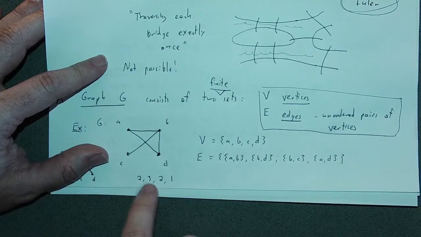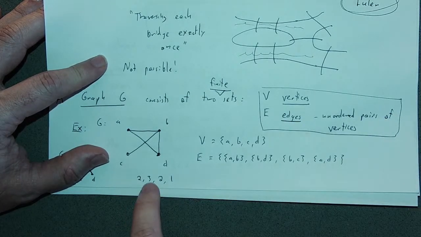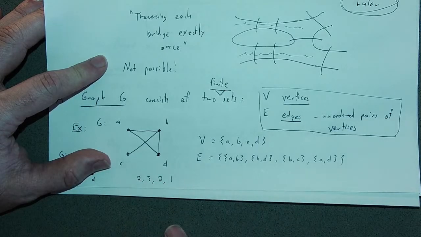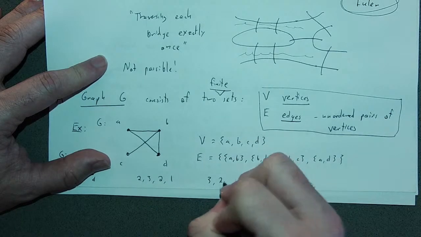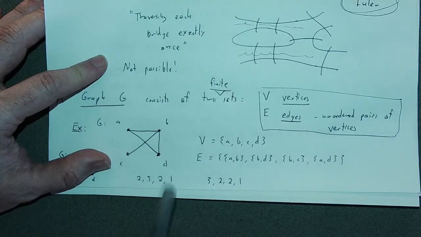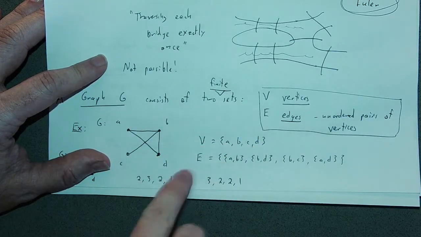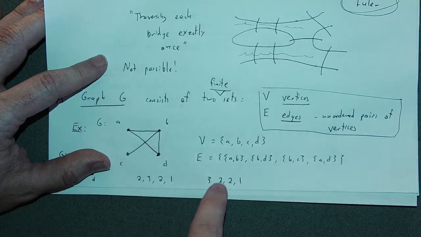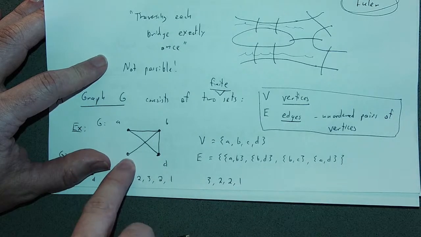So when I'm talking about the degrees, it makes more sense from an organizational standpoint to have some kind of ordering on this. So ascending or descending. The convention is typically descending order. So this sequence I would write instead as 3, 2, 2, 1. That way, the actual ordering, A, B, C, D, I could just delete that. I could take those away, and you could still understand that, okay, there's a vertex that has degree 3. There it is. There are two vertices that have degree 2. There they are. And then there's a vertex that has degree 1, and there it is.